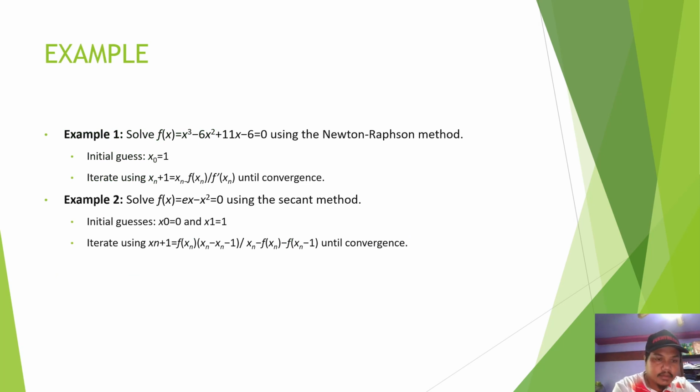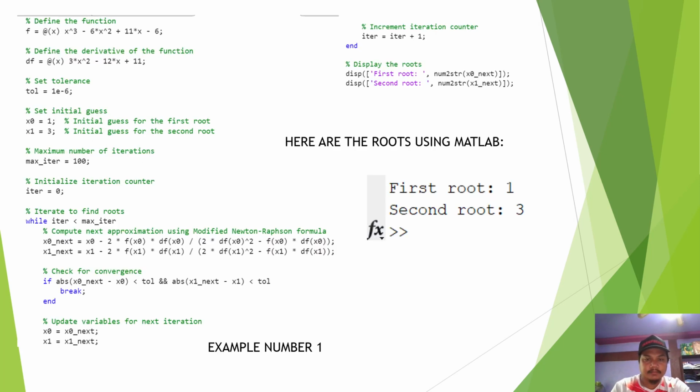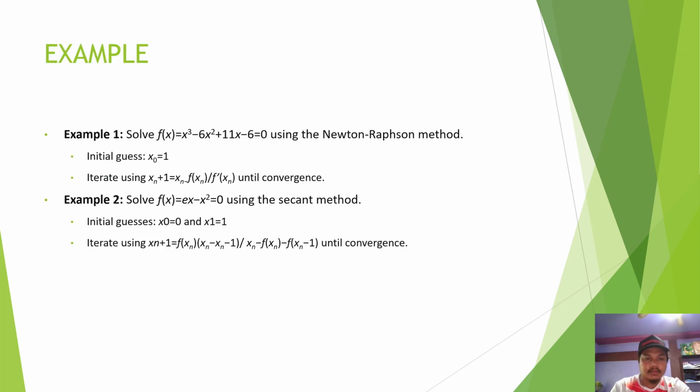Number 2. f of x is equal to e to the x minus x squared equals 0, using the second method code. This second method also needs initial guesses, so I have x sub 0 and x sub 1, 0 and 1.